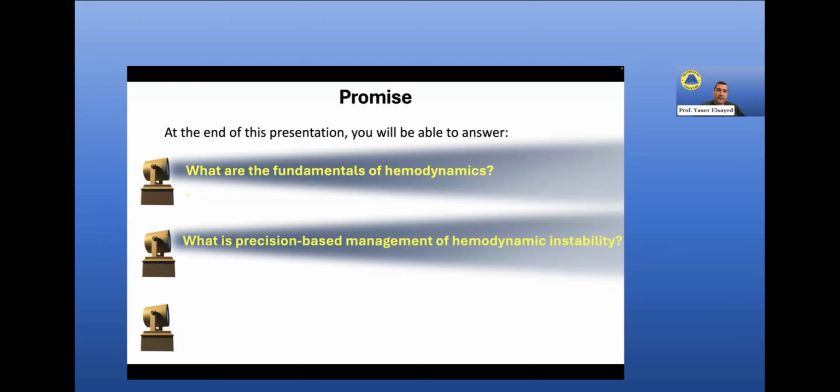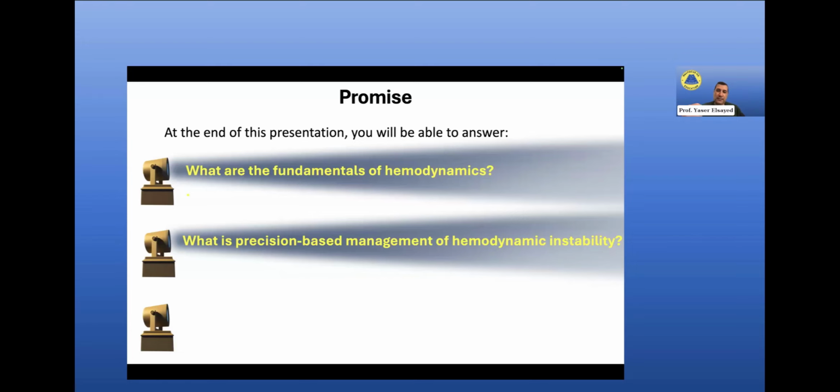And then we are now in the era of precision-based management. We are moving from the pure evidence-based medicine era, after we now understand the limitation of applying just pure evidence, assuming that everyone is the same. Now we are in the era of precision-based medicine.